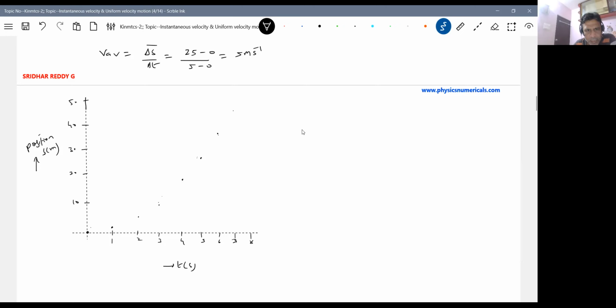At 7, it will be 49. Okay, this is our experimental curve. It may not be exactly parabolic in shape to some extent.